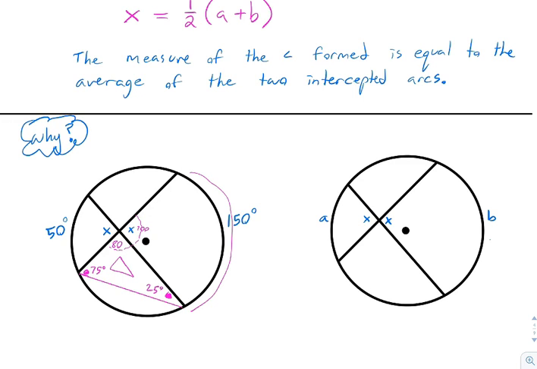So let's do that just with variables now. Let's say we start with an x, and an A, and a B. Let's add that single line. So this must be 1/2 of A, because it's the inscribed angle of this arc. This must be 1/2 of B, because it opens up to this arc. And then we could use a triangle and say this is 180 minus 1/2 A minus 1/2 B. And then we could subtract from 180 to get x.